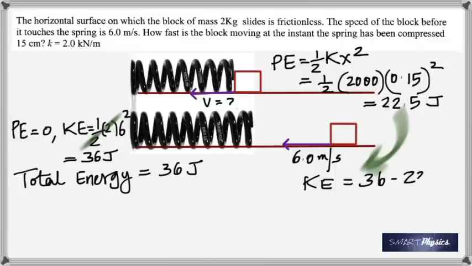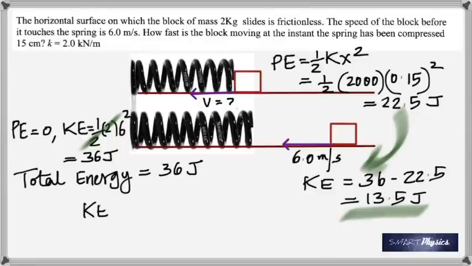So we have applied the principle of conservation of energy. 36 minus 22.5, 13.5 joules is the kinetic energy of this block. Therefore, we can set this equal to 1/2 times mass times the square of the velocity, because we know kinetic energy is 1/2 times mv squared.